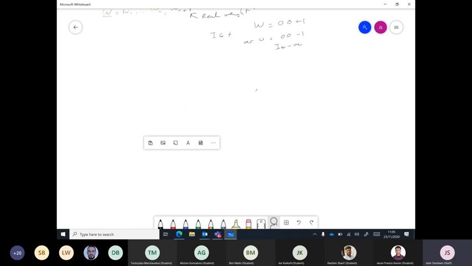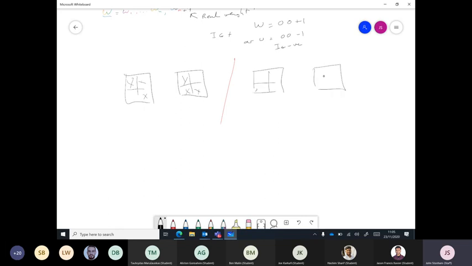We trained on a very simple pattern recognition problem, 4-bit pictures. The pictures, if I remember, were: that was picture 1, that was picture 2, that was picture 3, and picture 4 was cross, cross, cross, and cross, cross.